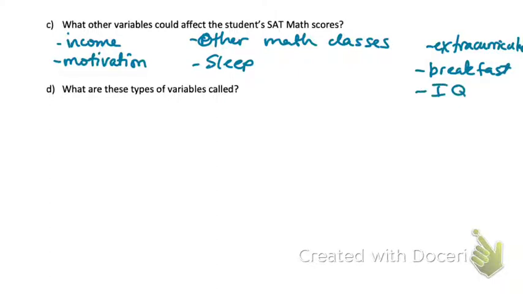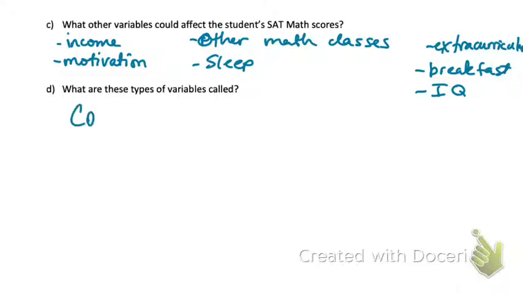Yeah, basically. So guys, look, there's tons of other things that are influencing the result of our data that we didn't even take into account. Those variables have a very specific name.